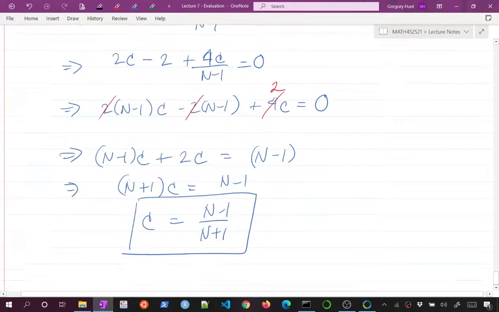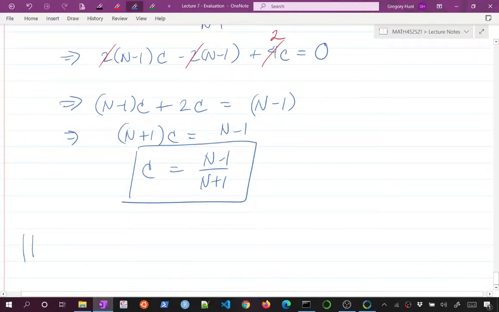I minimized that by setting the derivative equal to 0. Ultimately, we were looking at something of the form c times s squared, and we found that this c star, which minimizes my MSE, is n minus 1 over n plus 1.